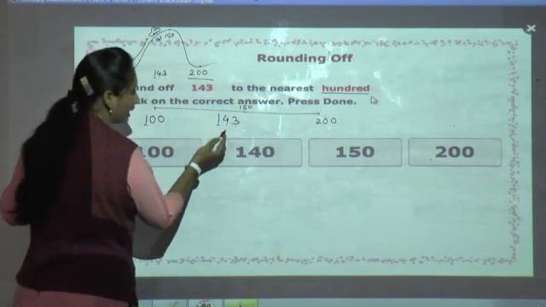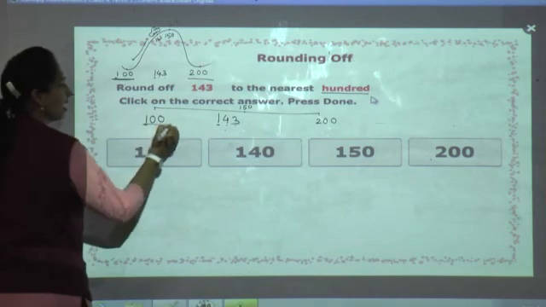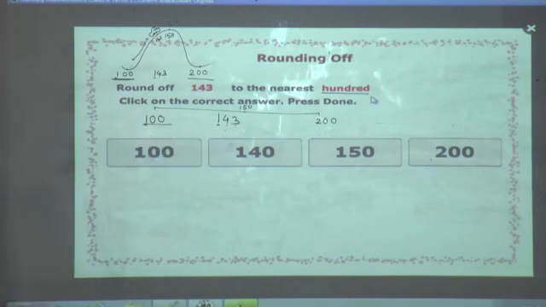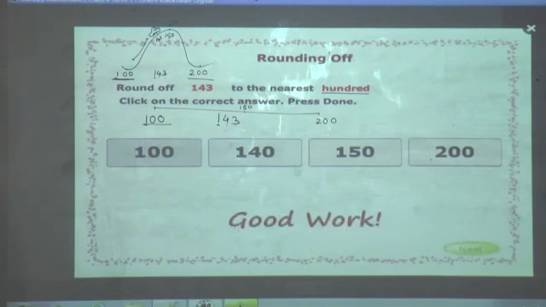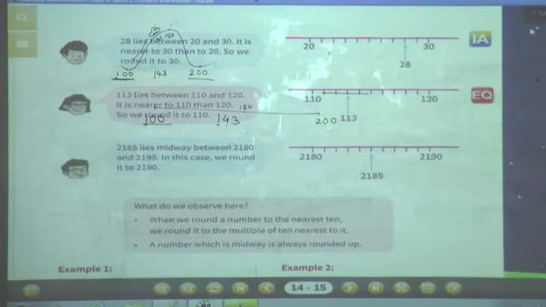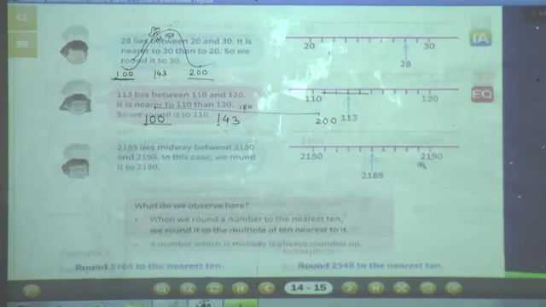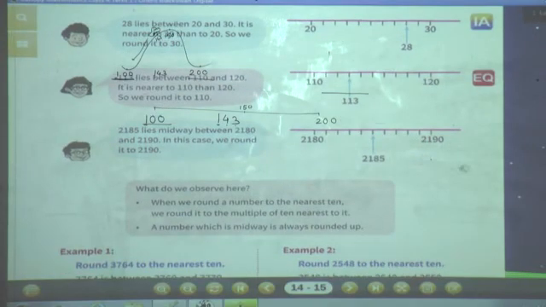So what is the correct answer? 100. Let us check whether our answer is correct or not. Press done. Good work. So our answer is correct.